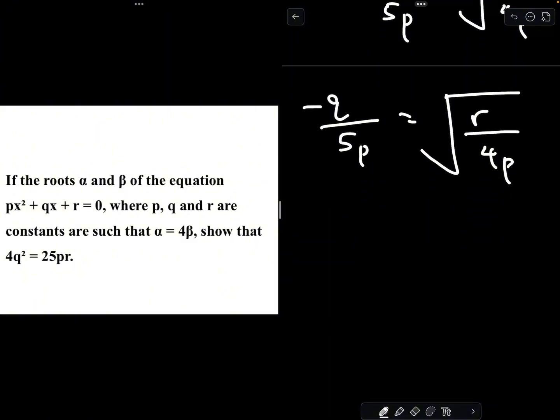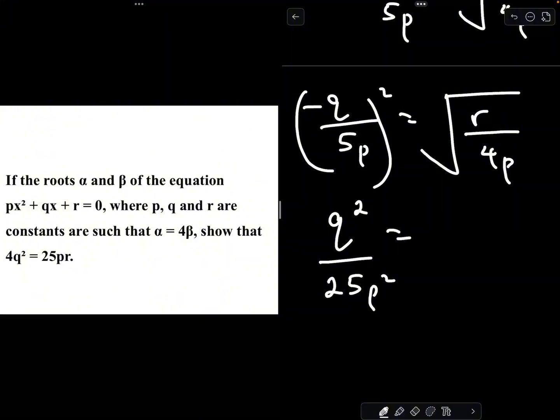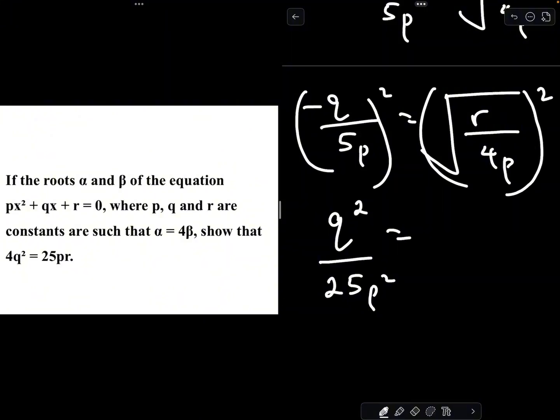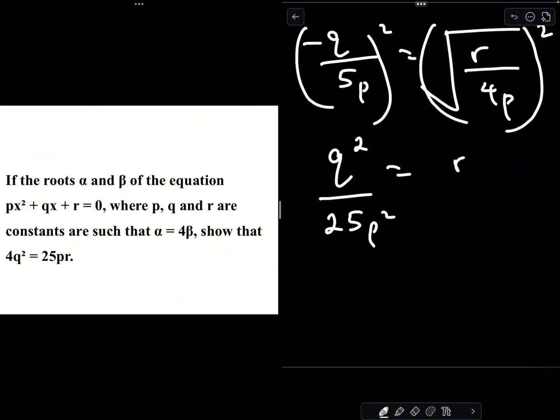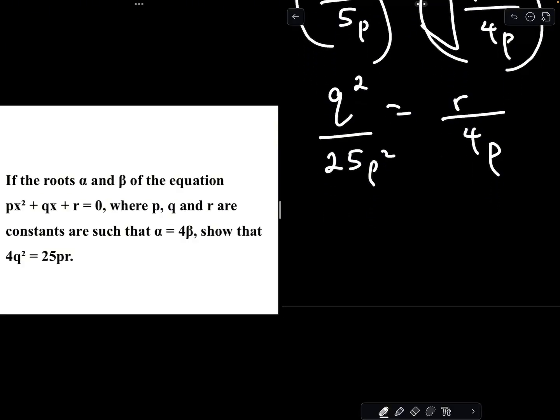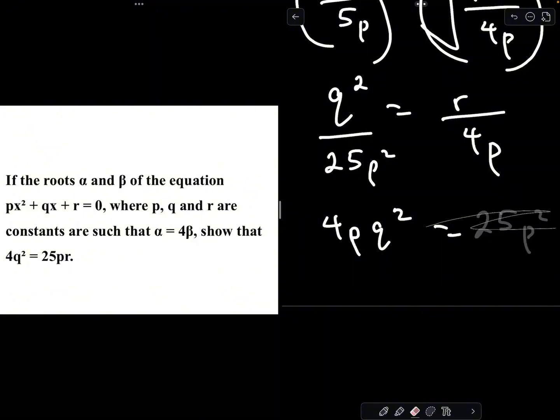Now if I square both sides, that simply means q square over 25p square will be equal to r over 4p. Now if I cross multiply, what do I have? That simply means 4p q square is equal to 25p square r.